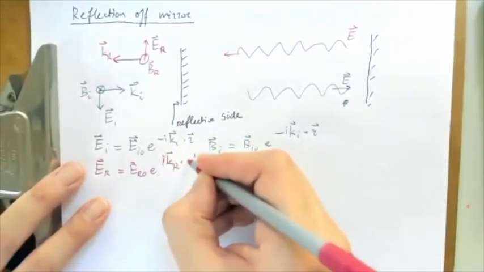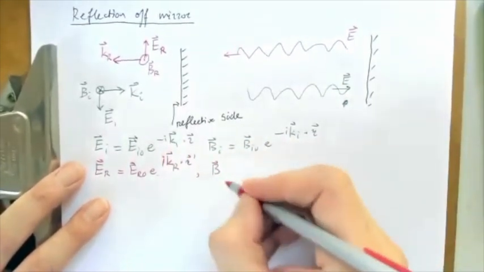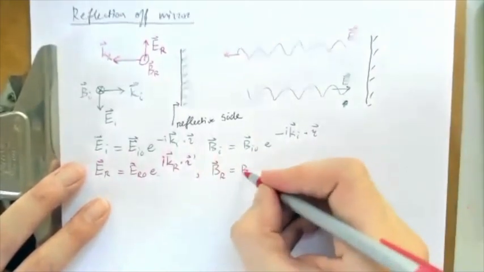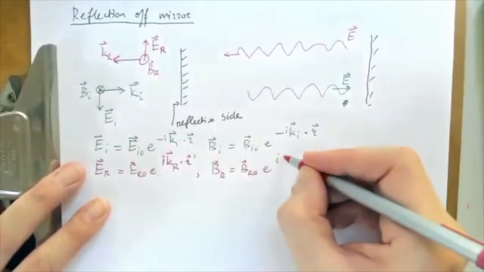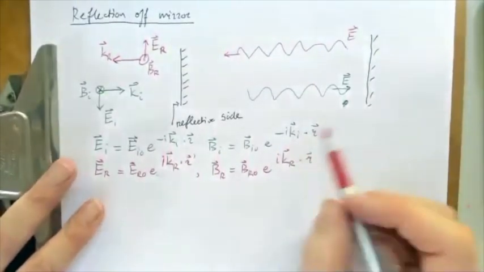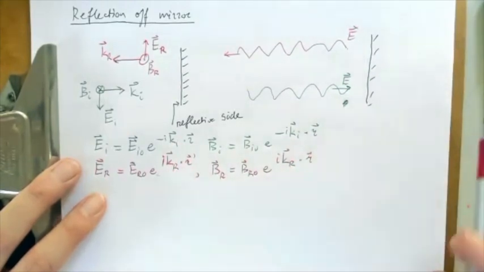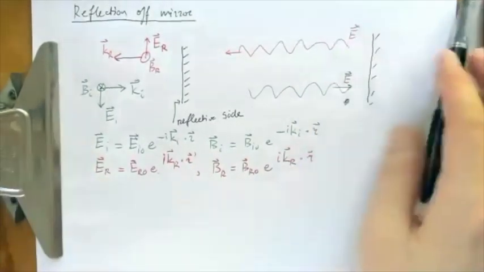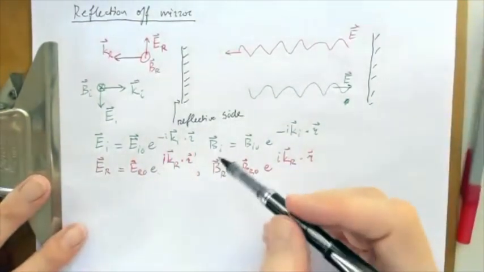So that's k_R dot r, and then the B reflected is B_R0 e to the power i k_R dot r vector. So the only thing I did is I said this is pointing in the opposite direction to this. Okay. That is what's happening at the surface.